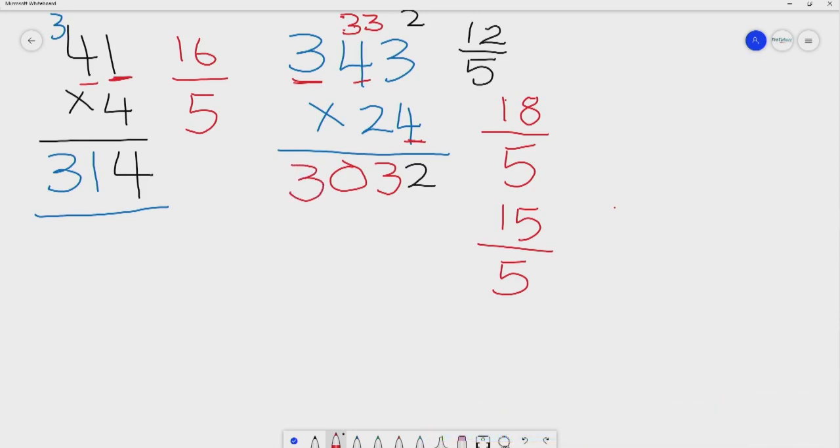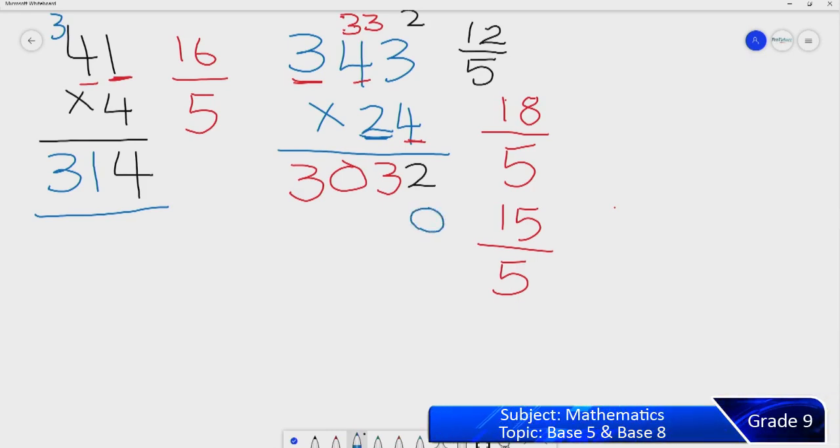So now that we're finished with multiplying all the numbers by 4, we now have to multiply the numbers by 2. First step requires us to add a 0 and then start with the multiplication. So I'm going to draw a line here to not confuse you.